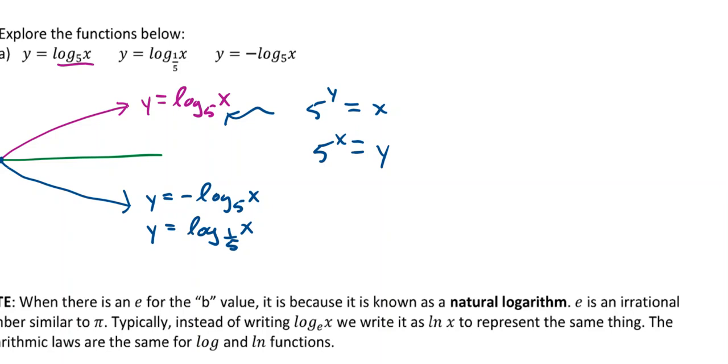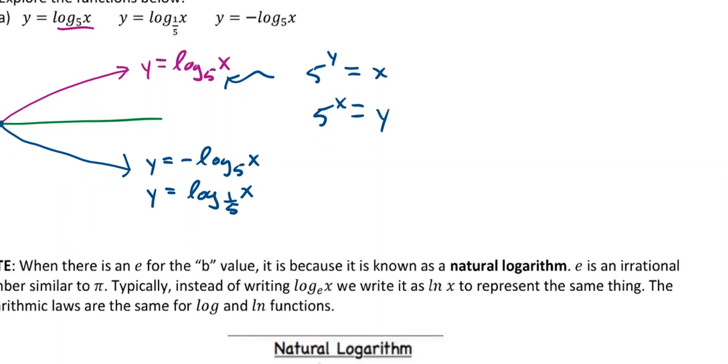Yeah? But if we're looking at this one now with 1 over 5, it's like we're replacing the 5 with 1 over 5. So 1 over 5 to the power of x is equal to y. Well, same thing as 5 to the negative x. So that's the same thing as saying 5 to the power of negative x is equal to y.